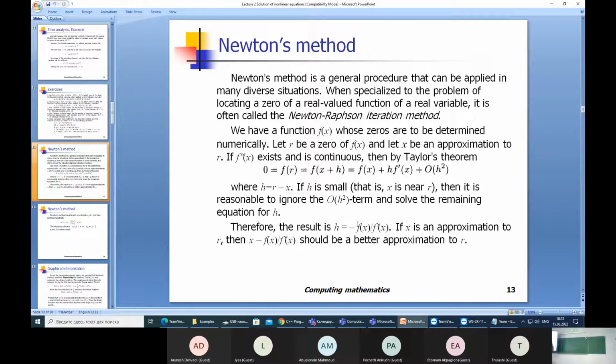And the theoretical basis of Newton method is Taylor formula. I wrote you this formula on the first lesson, Taylor formula, and I told you that we will use it very often. And we will use the notion of limit very often and Taylor formula.